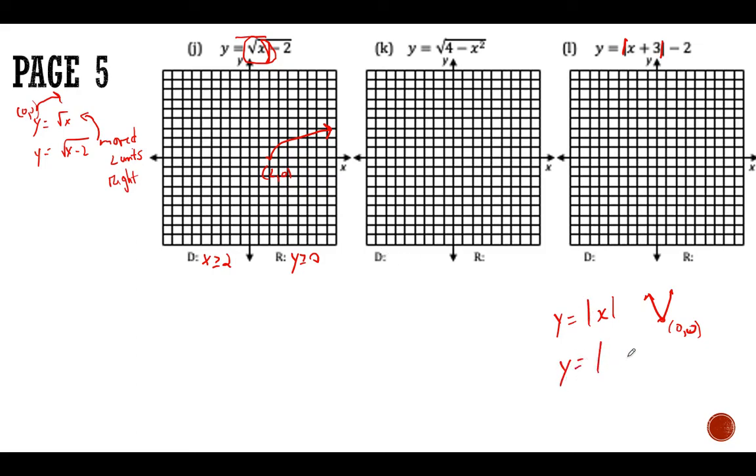Y is equal to the absolute value of x plus 3, minus 2 is this absolute value graph, moved left 3 and down 2. So instead of being at 0, 0, left 3 and down 2. Something like that.